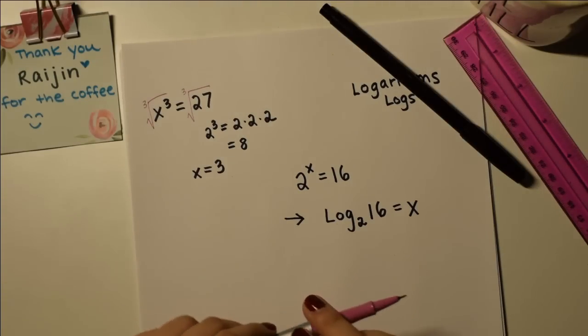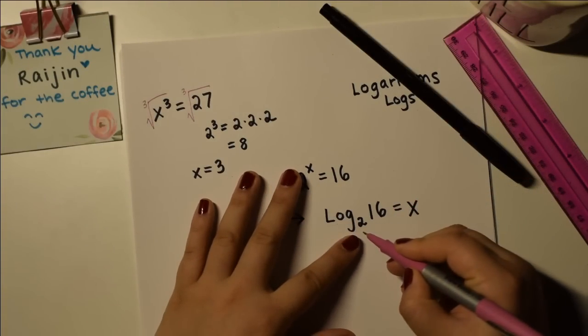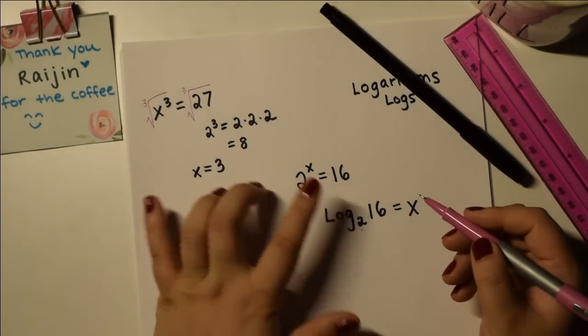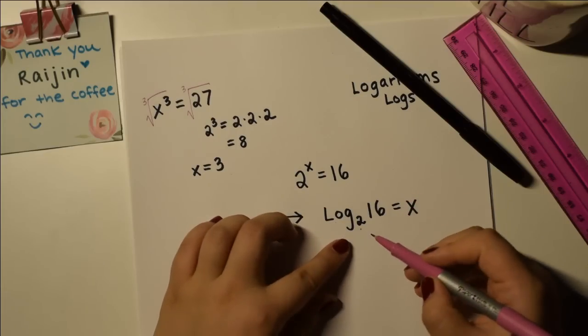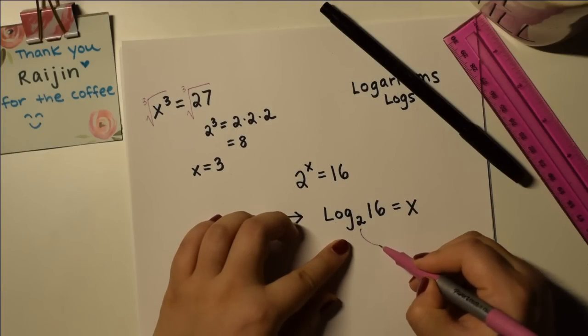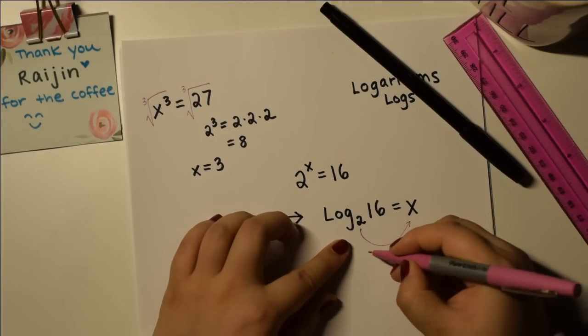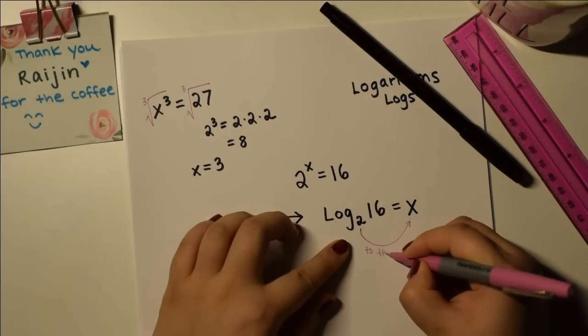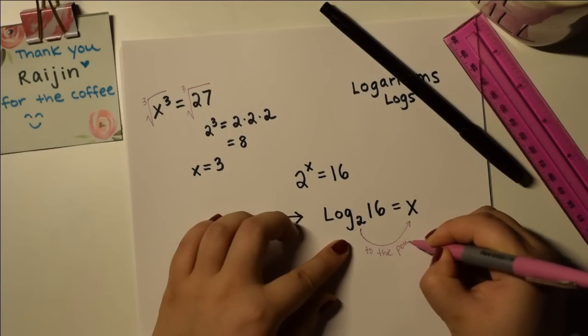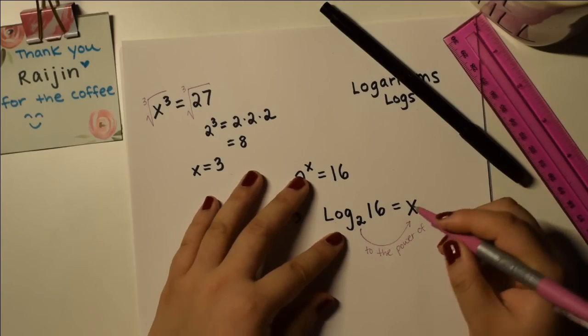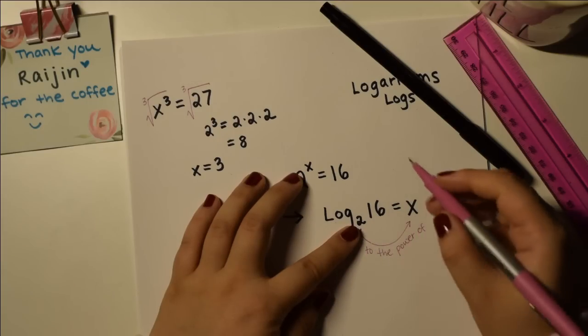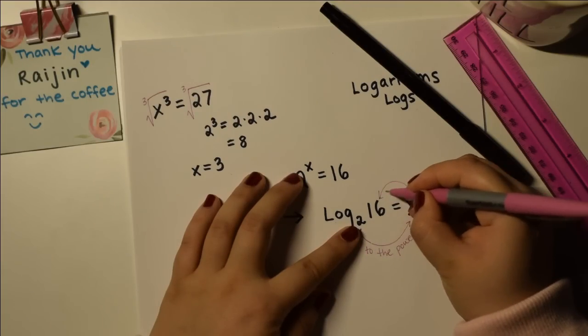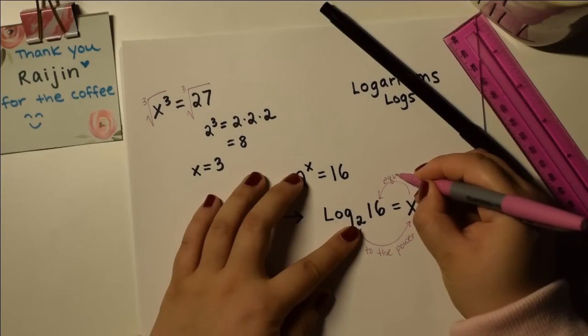And the general pattern is, this base is the base of our exponent. So literally 2 to the power of x equals 16.